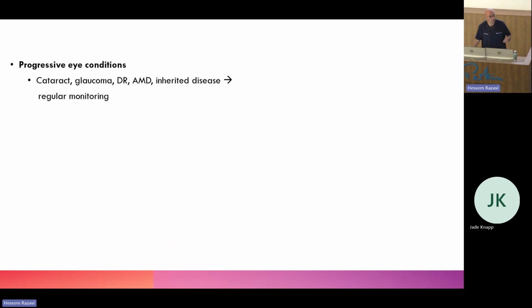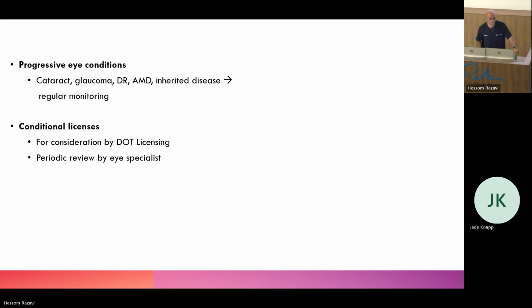What about people with conditions like glaucoma, diabetic retinopathy, macular degeneration, cataract? They need to be monitored regularly because these are progressive conditions. They're also common. So they need to be seen at least once every 2 years by an eye specialist, if not more often.